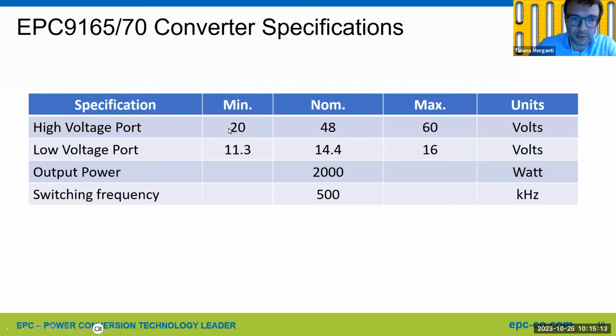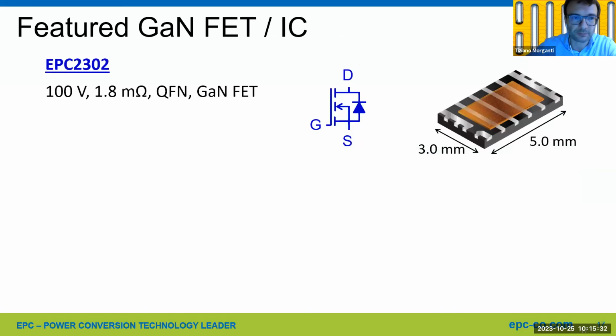We have a high voltage port, which is from 20 volt to 60 volt. Low voltage port is from 11 to 16, and it's designed to regulate at 14.4. The output power is up to 2000 watts, and the switching frequency is 500 kilohertz.